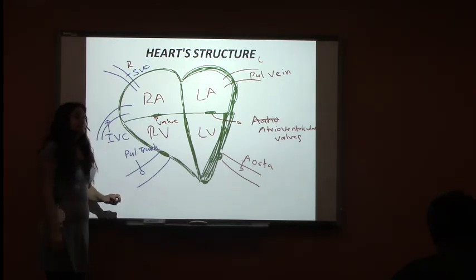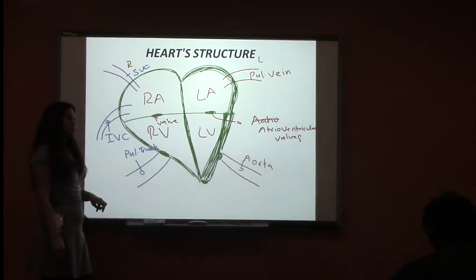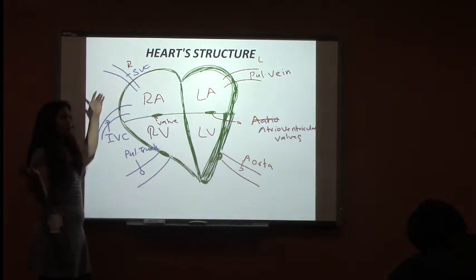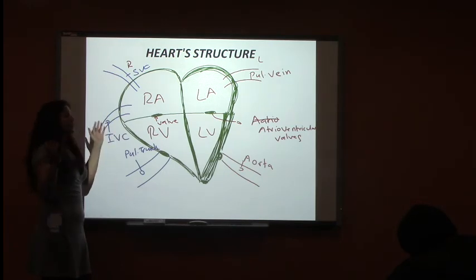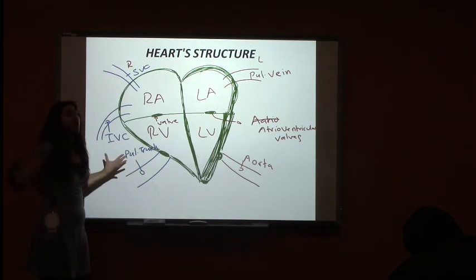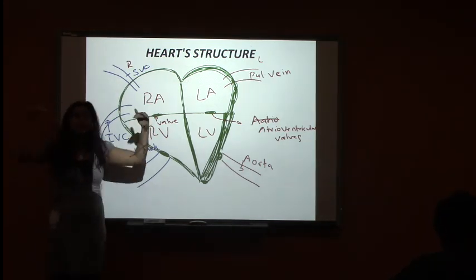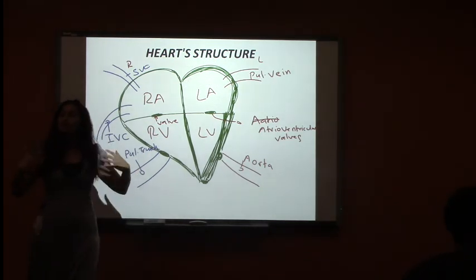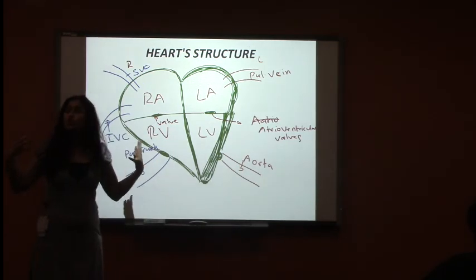Yes? So the blue vessels are transferring blood out. Basically, atria always receive blood from vessels. Ventricles always give off blood. Okay, atria receive blood from vessels, where ventricles always give blood to a vessel.